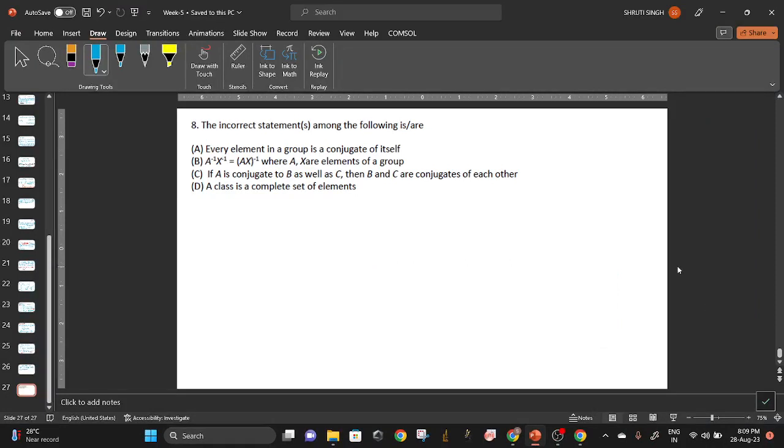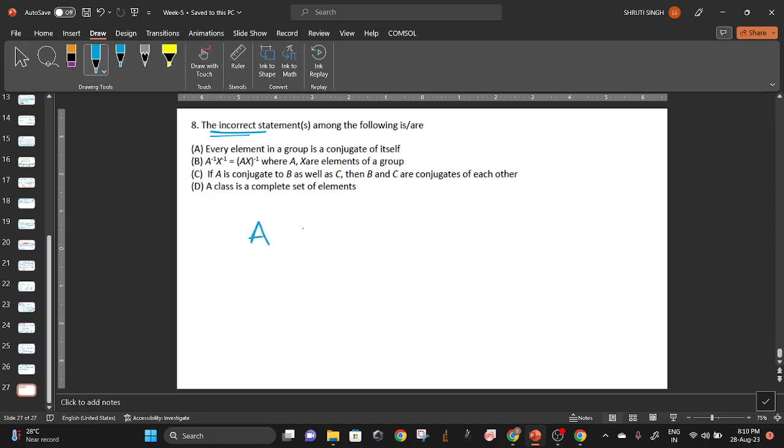Now coming to the eighth question, it is asking the incorrect statement among the following. So we have to find the incorrect ones. Every element in a group is a conjugate of itself. Self conjugate. So every element, let's say a.